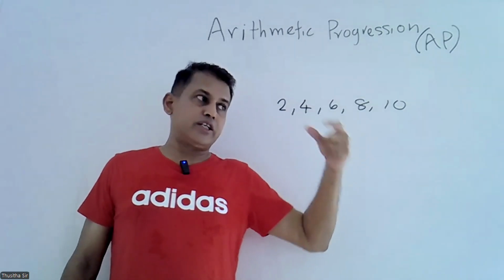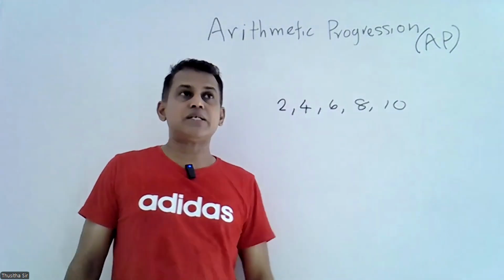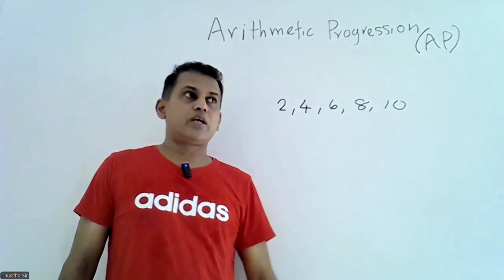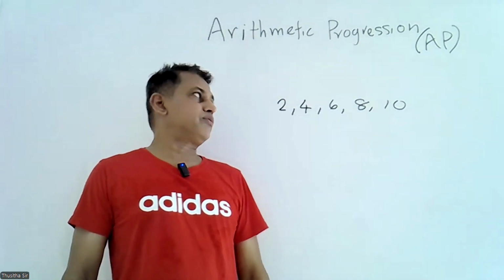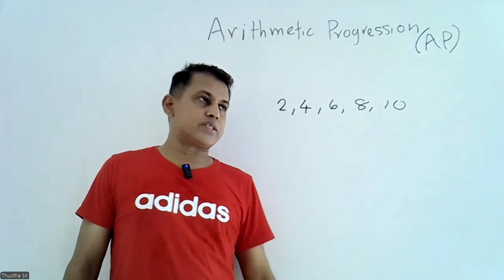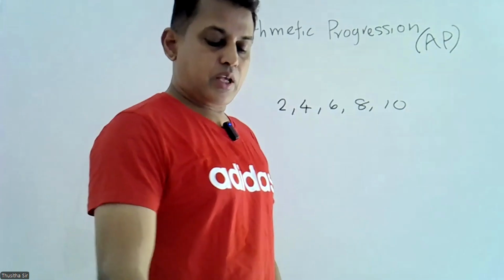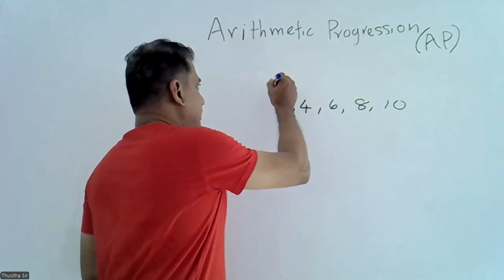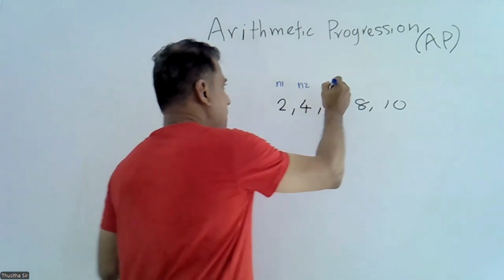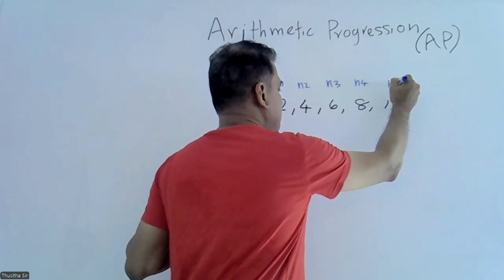It keeps on continuing, and we can write numbers until the end. There's no end actually, so we can write until infinity by adding 2, 2, 2. That's a sequence.